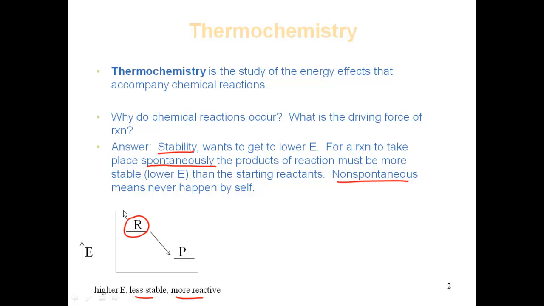For these reactants to go to products, I have to lose energy. So in the process of losing energy, this would be a spontaneous reaction because it's in control. The reaction can go from reactants to products by a process of releasing energy. So it has all the energy it needs. In fact, it's got too much. It releases it, and it goes from reactants to products. That's a spontaneous reaction.